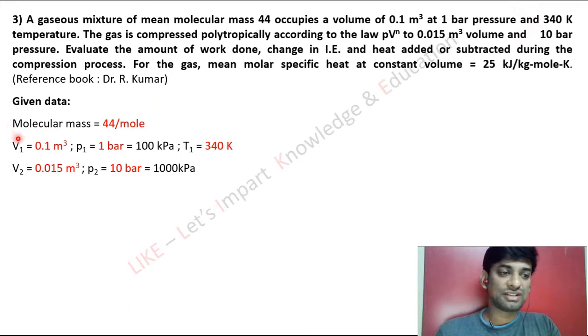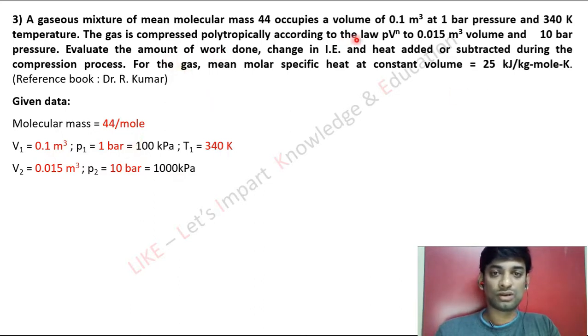Since the volume is reduced and it is getting compressed, the pressure will be increased. So initial pressure was 1 bar, final pressure was 10 bar. That is nothing but 10 into 100, 1000 kilopascal. So compression means volume will be reduced, pressure will be increased. If it is an expansion process, opposite one, volume will be increased, pressure will be reduced.